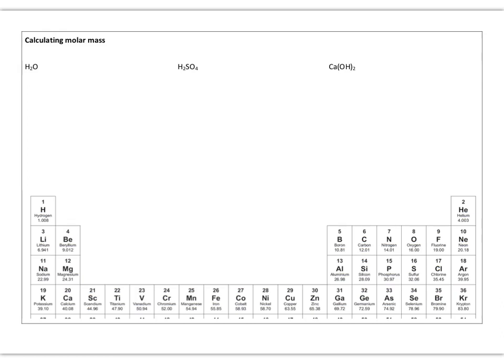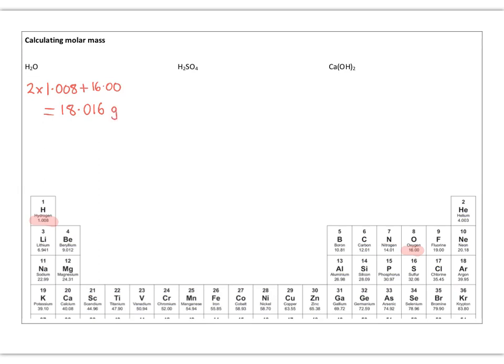So in the first case, H2O, we have 2 hydrogen, so we go 2 times the molar mass of hydrogen, which is 1.008, plus oxygen, which is here on the periodic table, which is 16.00, and if we add those up, we get 18.016.